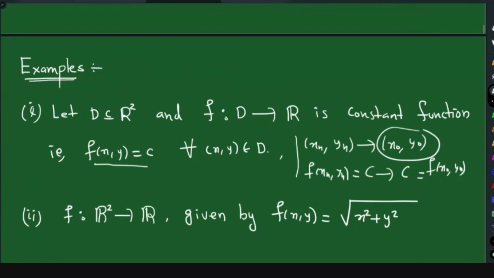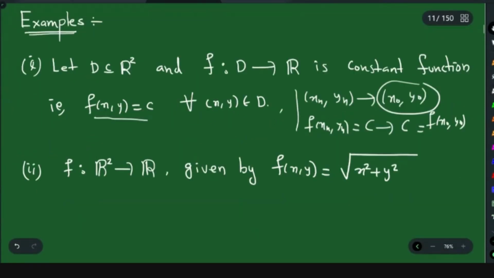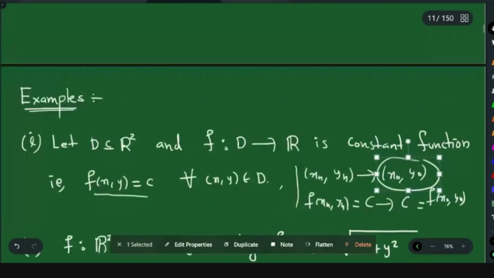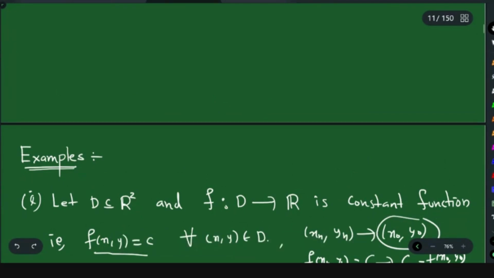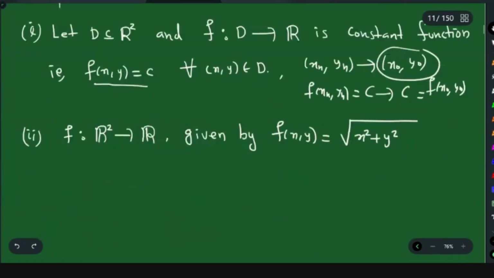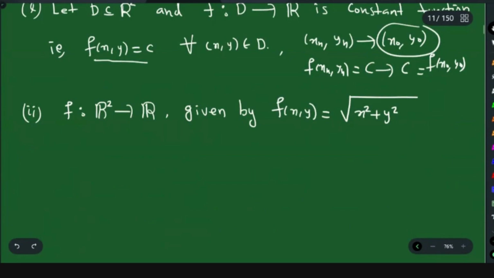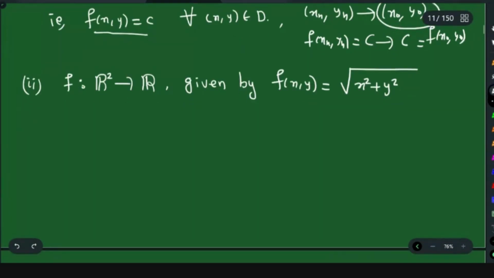Now let us look at another example. f from R² to R given by f(x, y) = root of x² + y². Let us prove that this is continuous on the entire domain.